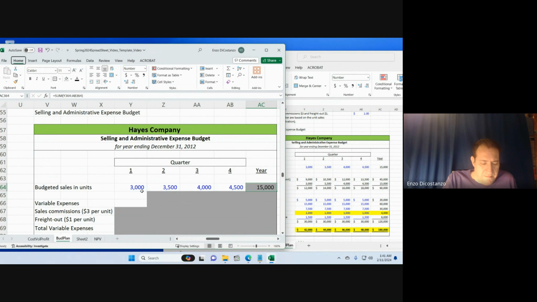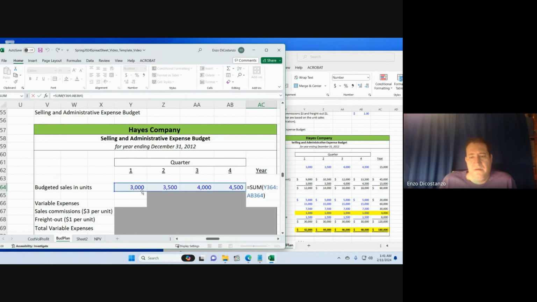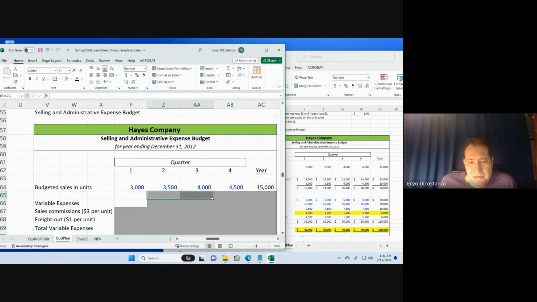And you add them up. Okay. That's just the sum of Y364 colon AB364, those 4 columns. Okay.